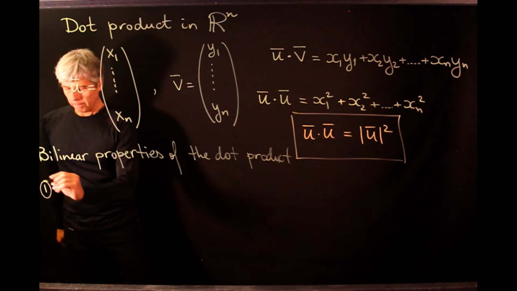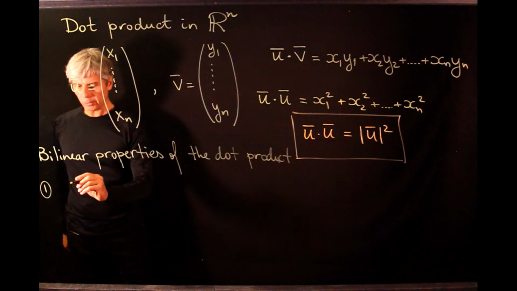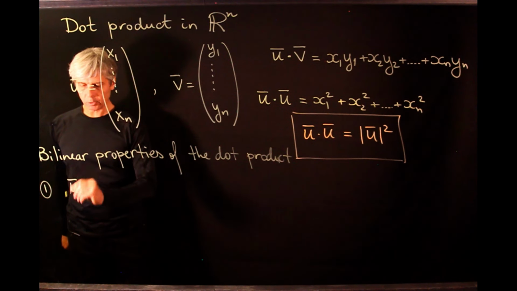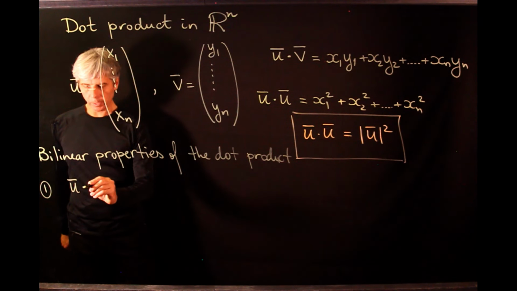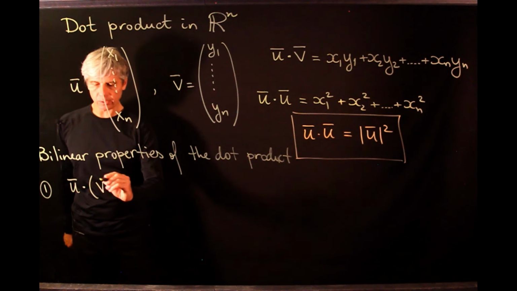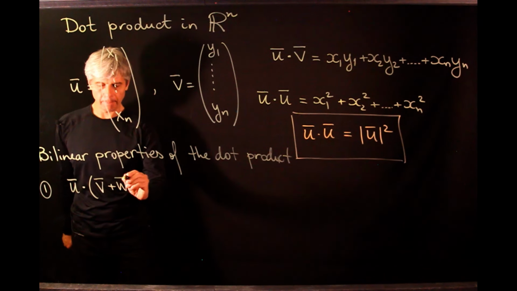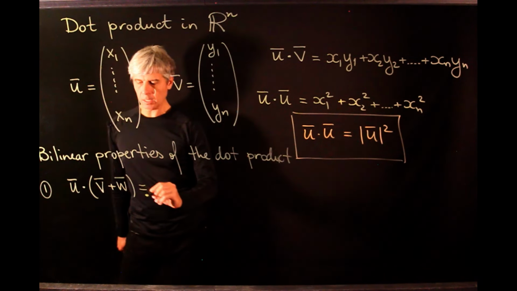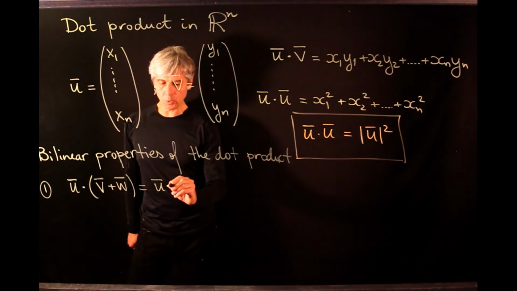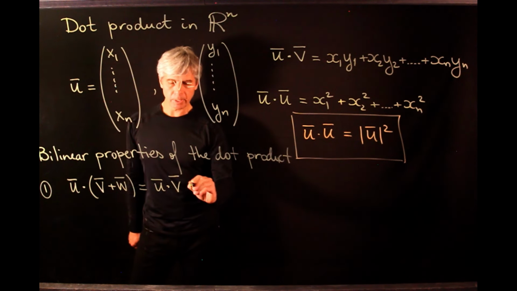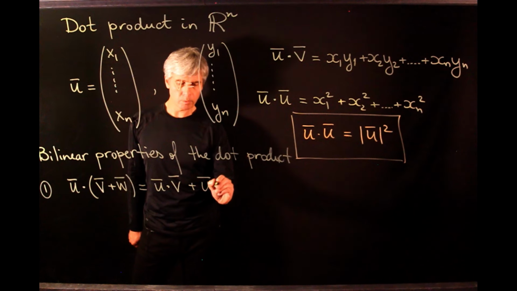So 1, when we have a dot product of u with a sum of 2 vectors, v plus w, then this is equal to the dot product of u with v plus the dot product of u with w.